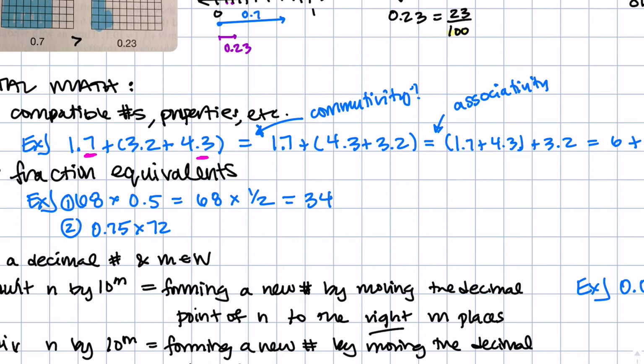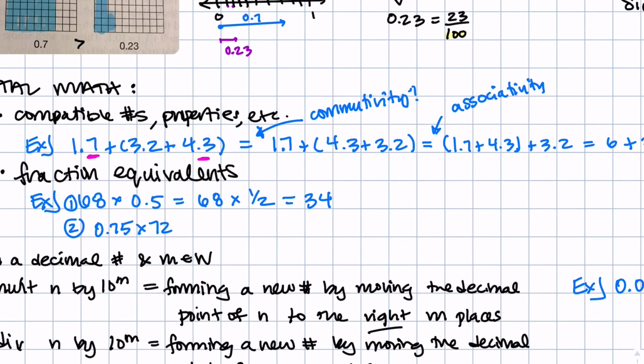Similar type of thing, if I multiply 72 by 0.75, well, that's just multiplying 72 by 3/4. And that's kind of a weird fraction, but if I split it up as 3 times 1/4 times 72, kind of using associativity here.